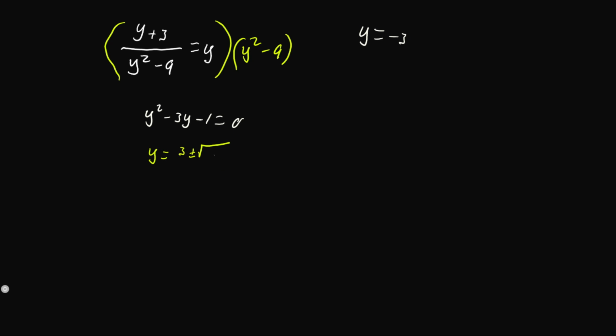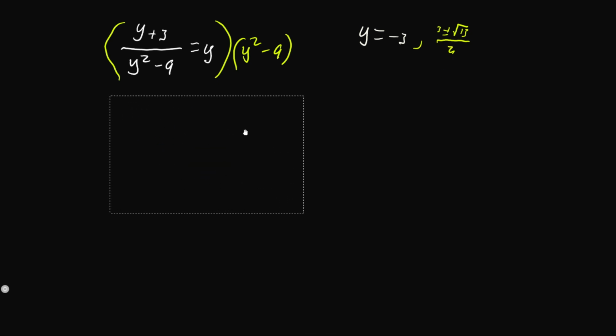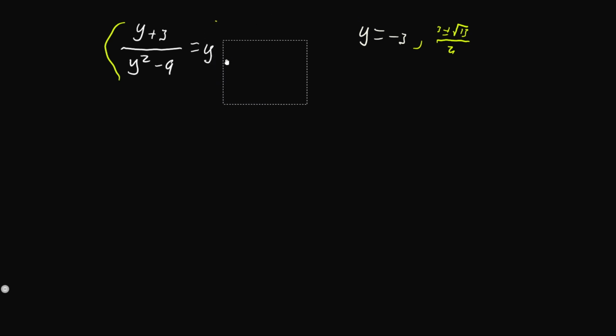That's going to be 9 plus 4, which is 13, over 2. And that is as far as we can factor or simplify it. And we have our other two solutions, which are 3 plus or minus root 13 over 2. And we want to see which of these solutions satisfy our equation and correspond with the solution being y.